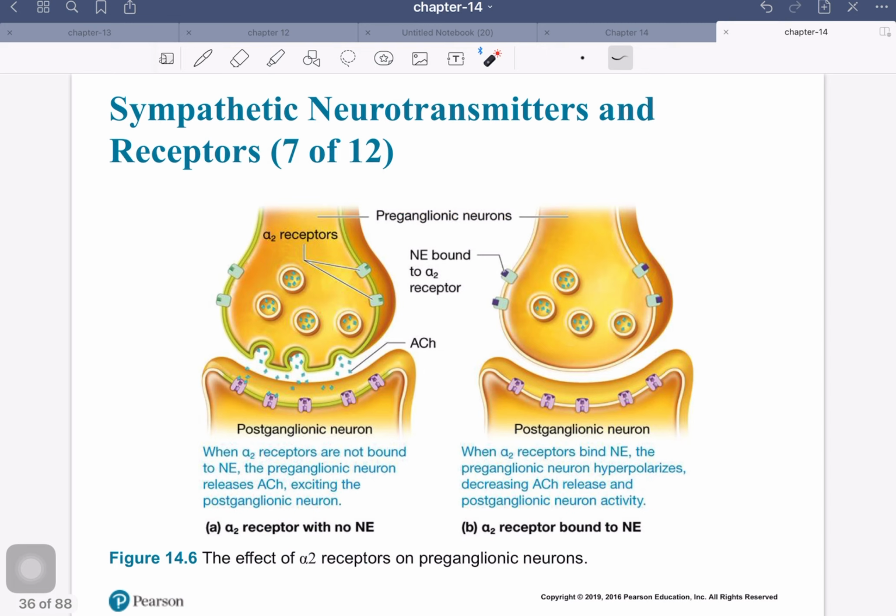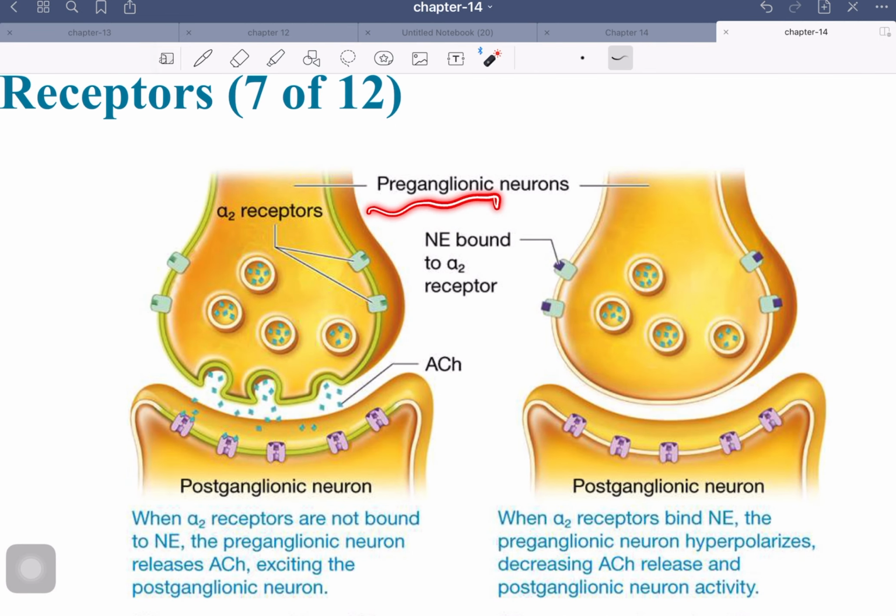And let's have a look. So here's where we find them. Here are the alpha-2 receptors. So we're looking at a preganglionic neuron up here. And here are the alpha-2 receptors. So if norepinephrine binds onto these, as we can see has happened over on this side, that the receptors are now interacting with norepinephrine, what that does is basically prevents or really reduces the chance of the release of those neurotransmitters.